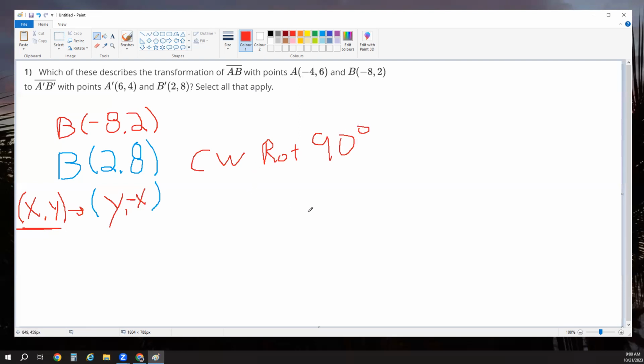And if it rotates clockwise by 90 degrees, it would also rotate counterclockwise by 270 degrees. All right, so it's a counterclockwise 270 rotation.